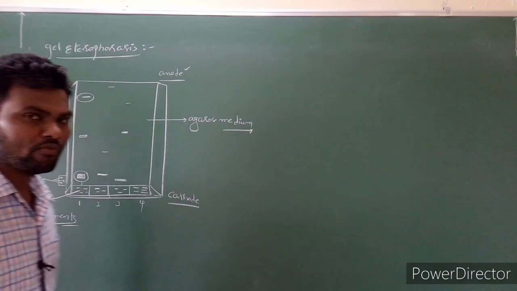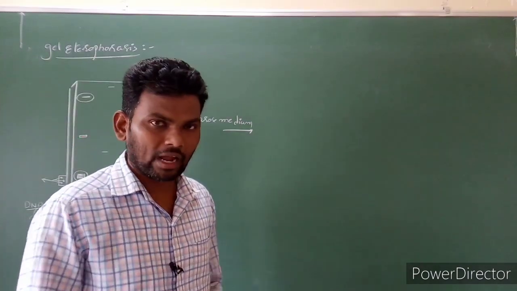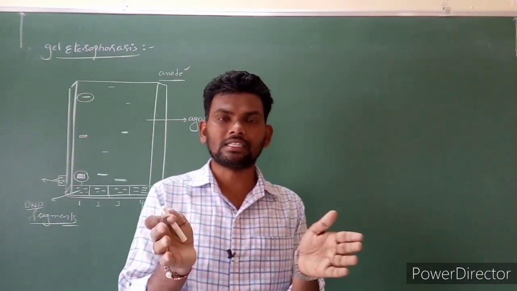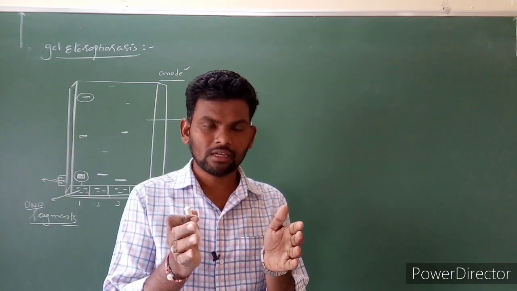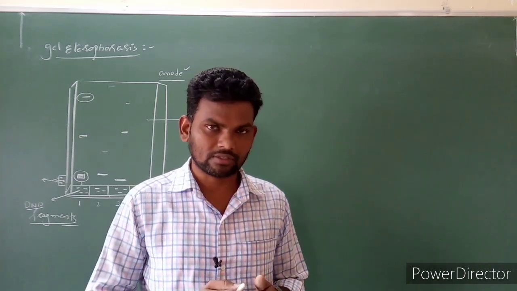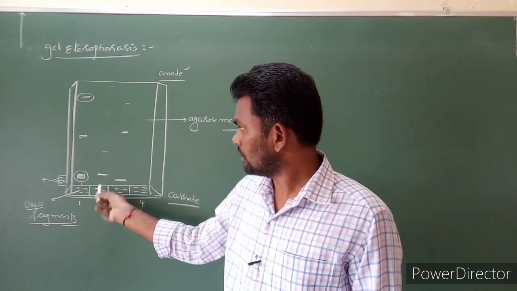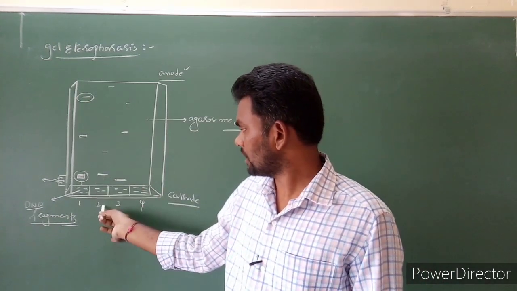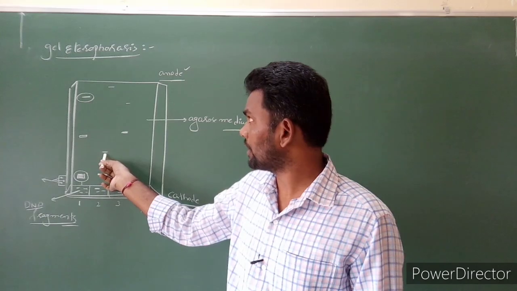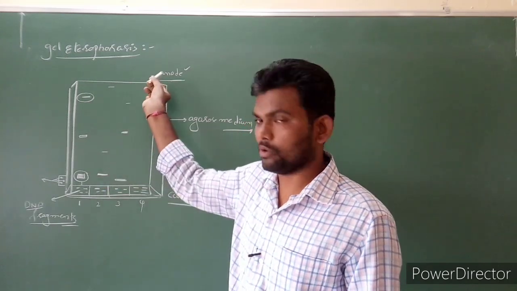At the last, how are we going to separate the DNA fragments? According to their size. Okay, let's see here. In this case, one fragment is here near the cathode, and one fragment is at the top near the anode.